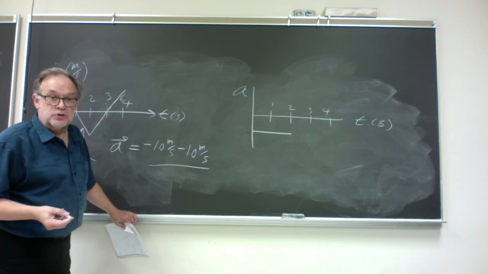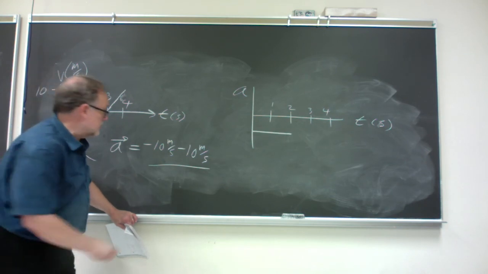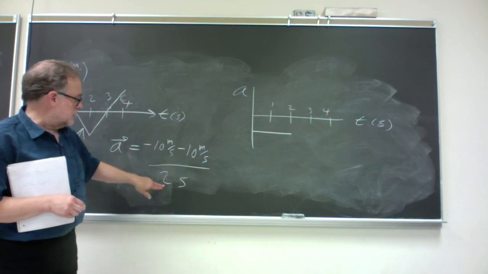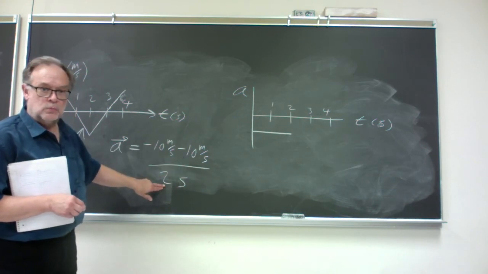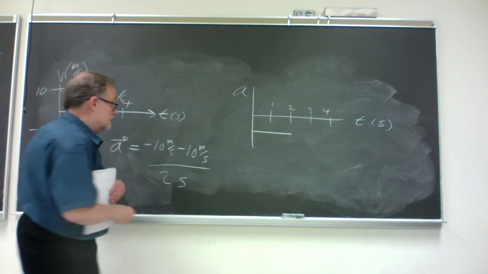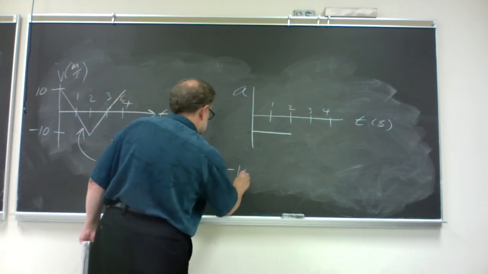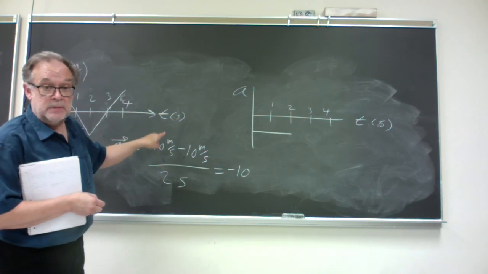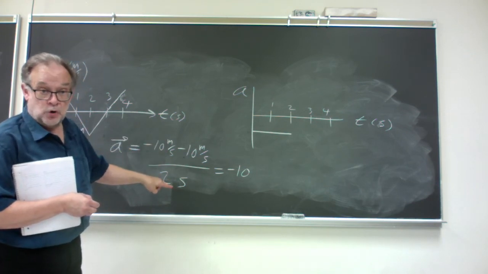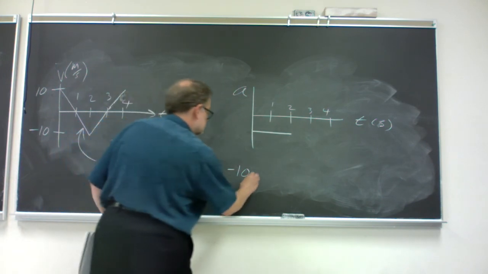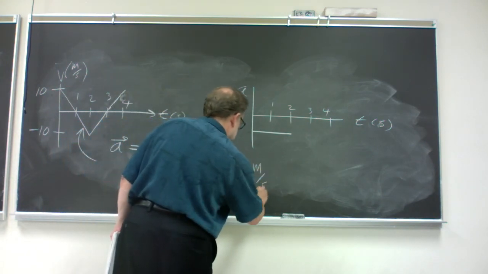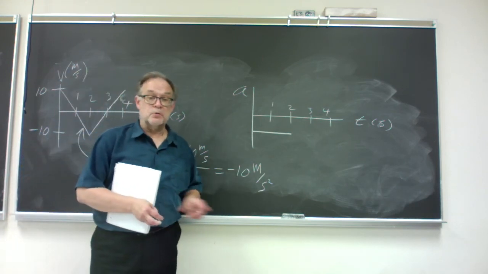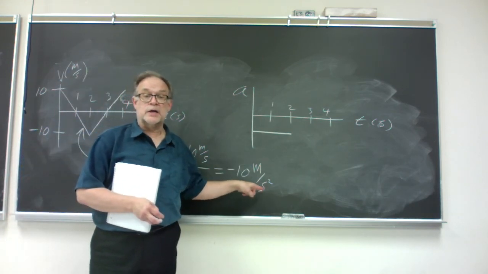And the length of time it took to make that much velocity change was 2 seconds. So you have -20 over 2, or -10. -10 what? -10 meters per second per second. And we can write a unit label of meters per second like this, as if it was meters per second squared.